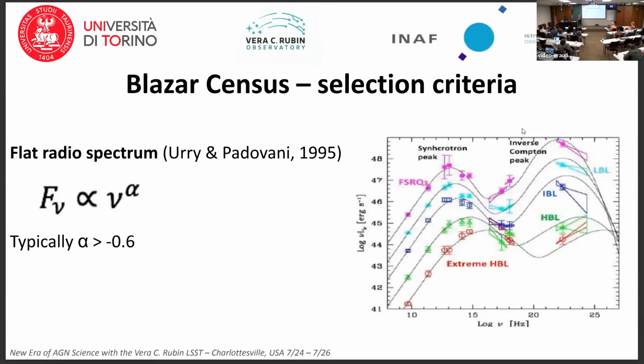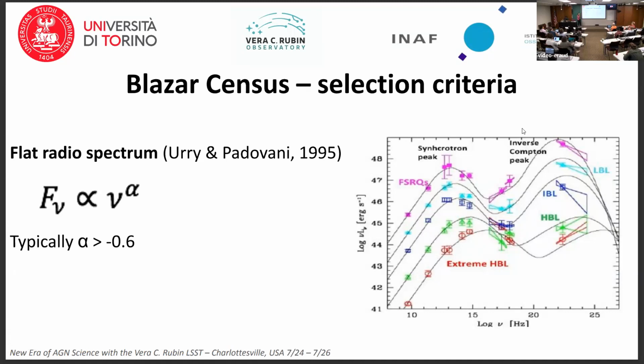So how can we do the selection of blazars in the sky? We have many selection criteria. One of them is from the radio spectrum. This is because blazars have this particular spectrum, which is basically two bands, one synchrotron and one inverse Compton, and they have a flat radio spectrum.